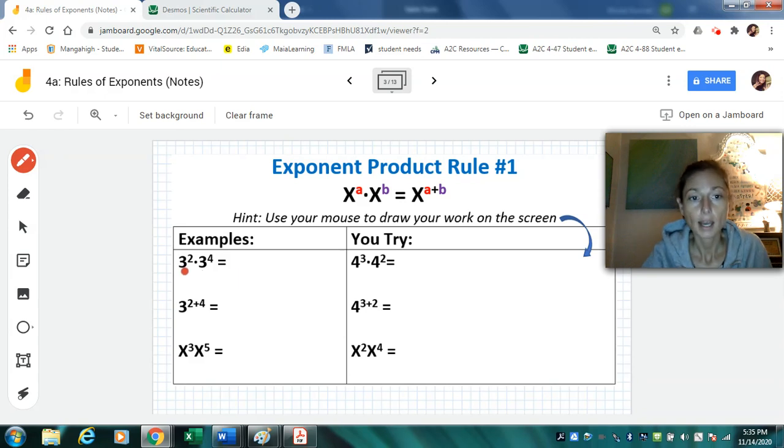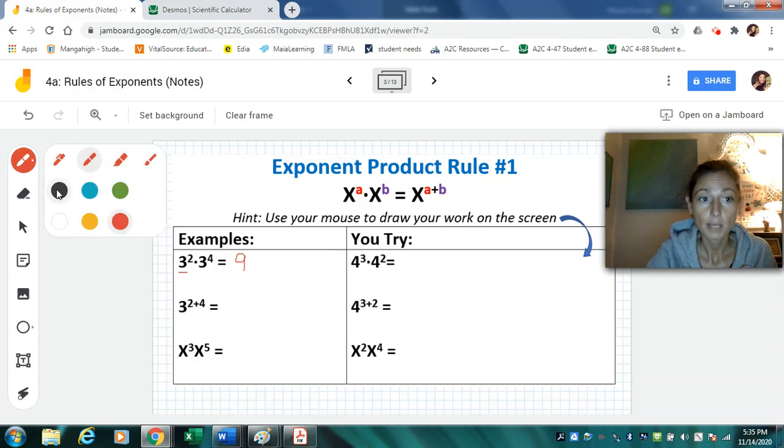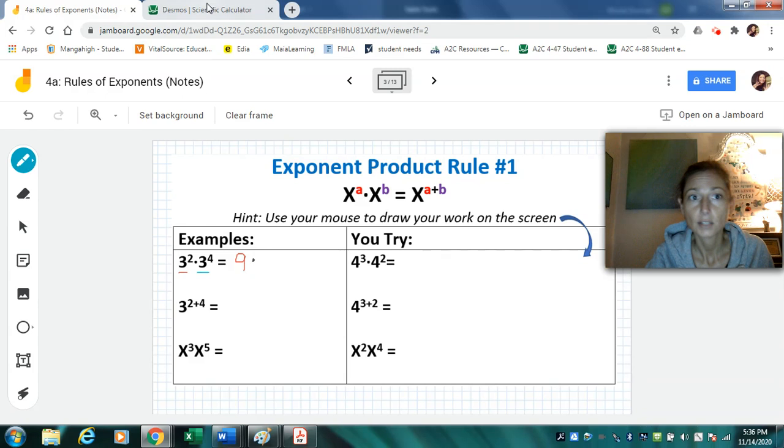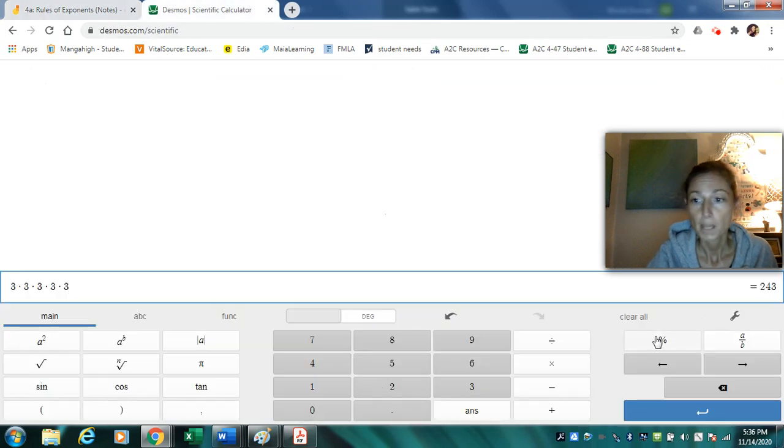So here I have 3 squared times 3 to the 4th. If I am just using the exponents as they are, I would do 3 squared, which is 3 times 3, which is 9. And then I'm going to multiply that by 3 to the 4th. Now, I might not know that off the top of my head, so I'm going to go into my calculator, and I'm going to do 3 to the 4th power.